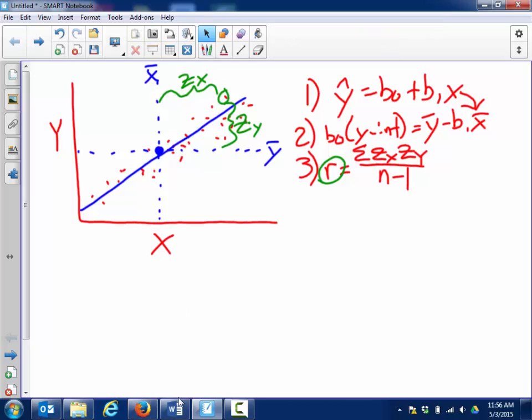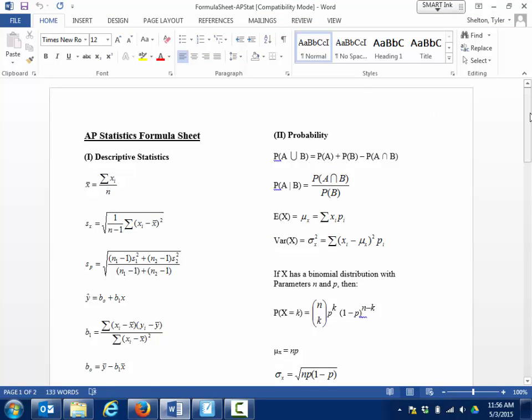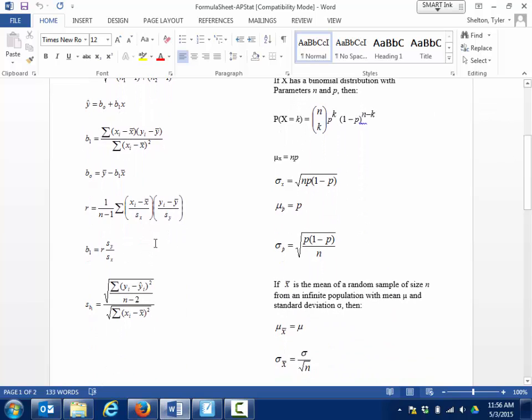Well, on the AP Stats reference sheet, they don't give you quite that, but they do give you something right here that if you look at it carefully, you'll notice it's very close. So we've looked at the y hat equals b naught plus b1x first. We just looked at b naught equals y bar minus b1 x bar.